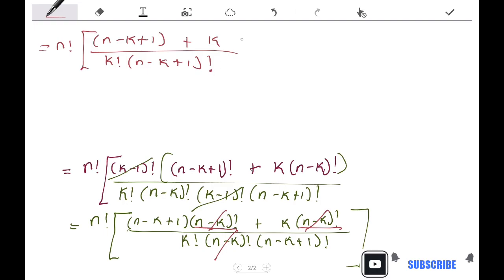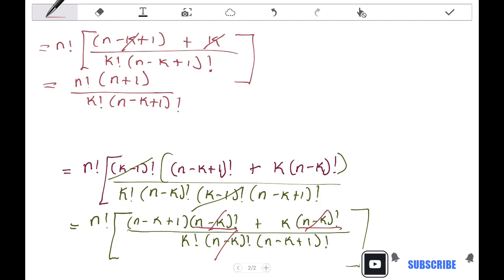So that's what's left inside the bracket. Then here you have a k which is going to cancel out the k. So you are going to be left with n factorial multiplied by n plus 1 all divided by k factorial into n minus k plus 1 factorial.